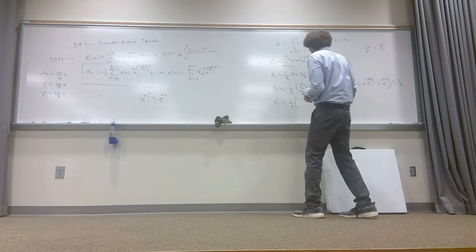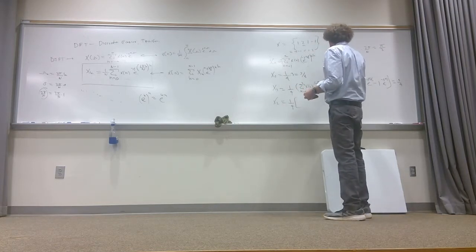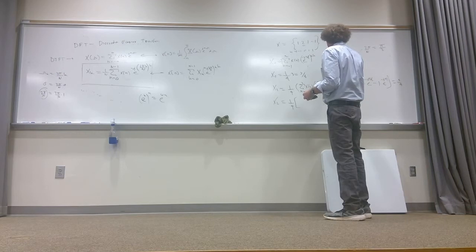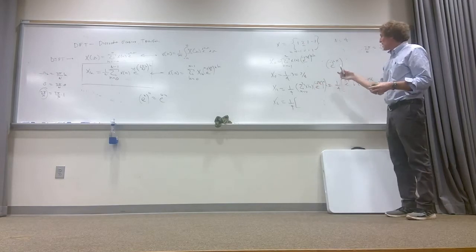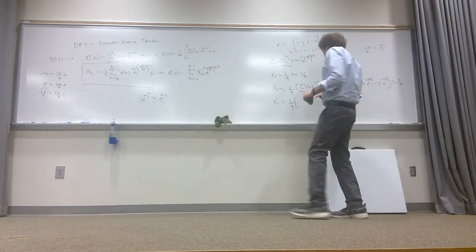Let's do it again. I can say that this is going to be e to the minus j n pi, right? Because k is 2, correct, class? Now, when n is -1, what is this? E to the j pi. Thank you.